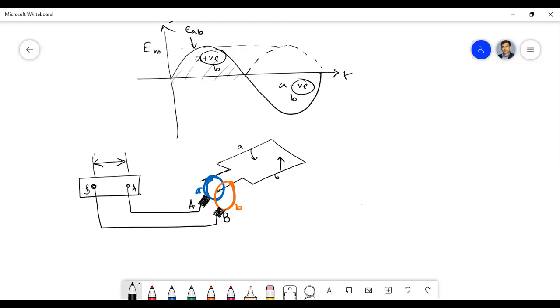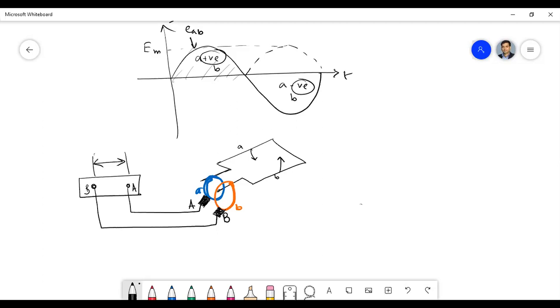Whatever the potential of the A ring, that will be transferred to the capital A terminal, and whatever the potential at small b, that will be transferred to the capital B terminal through these contacts, capital A and capital B.